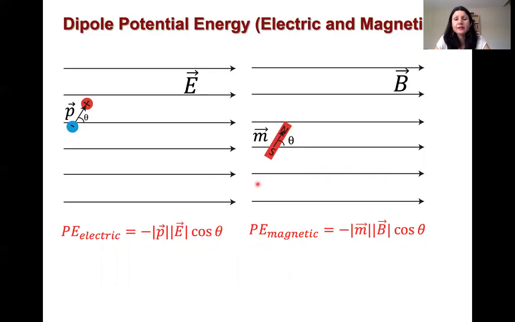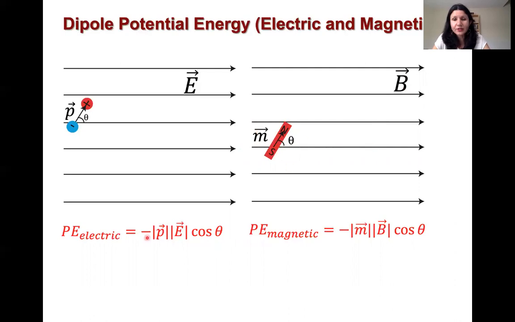And if we put this magnet in an external magnetic field, like we were putting our compass near that big magnet, this magnetic dipole will line up with the magnetic field. So the north side of this compass will point in the direction of the magnetic field.